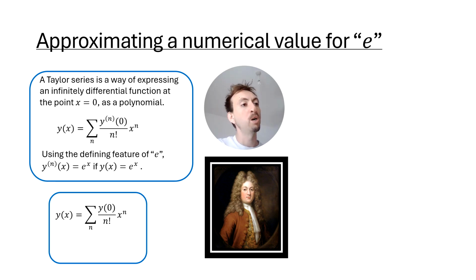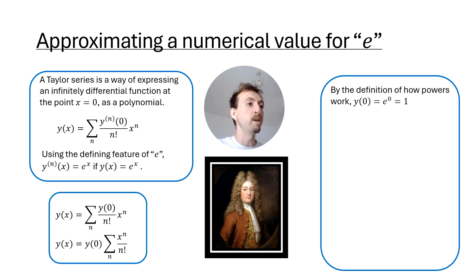Now, y of 0 is going to be a constant, because y of x is a variable, but if we give x some constant value, say 0, we're going to get out another constant. So y of 0 is a constant, so we can pull that out of our summation sign, i.e. it's independent of n, and we get this expression.